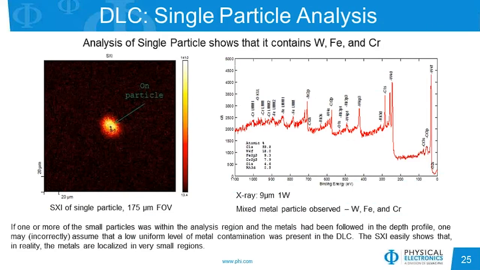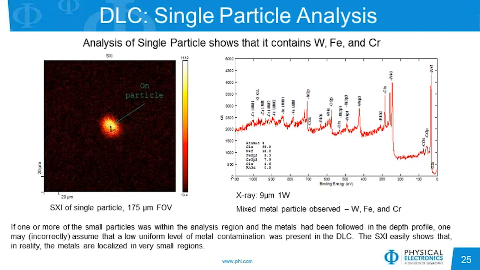And what I show here is we have done an analysis of this 25 to 30 micron particle using a 9 micron diameter X-ray beam, and we see that it actually is composed of multiple metals such as tungsten, iron, and chromium. So we can see that these metals are actually localized to the particle area.